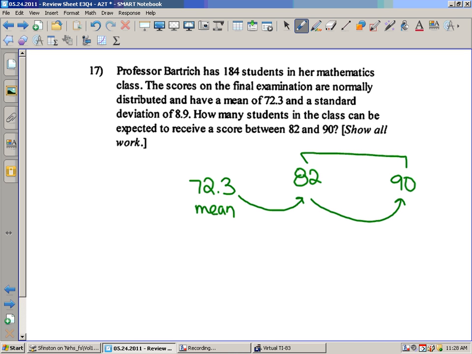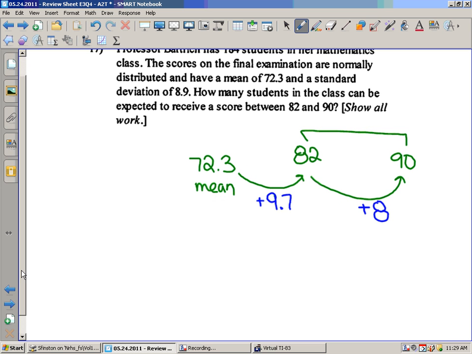How much do we have to go to get up to 82? 9.7? Okay. So we had to go 9.7 to get here. Then how much to get from 82 to 90? 8? Okay. All right. So what are we going to do? How much is each standard deviation worth?